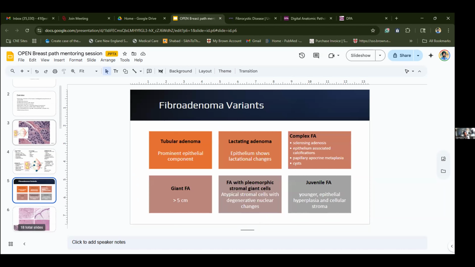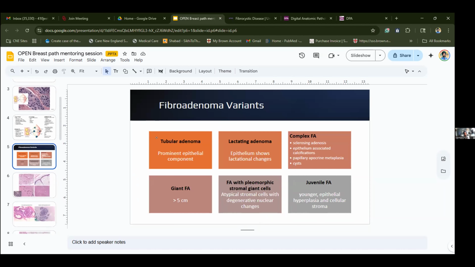Now, I'm just going to go over a few quick examples that will help you understand what you are going to go through in the module. For example, fibroadenoma is the most common mass lesion in young women, premenopausal, and you will learn how to diagnose a fibroadenoma, and there are multiple variants of fibroadenoma.